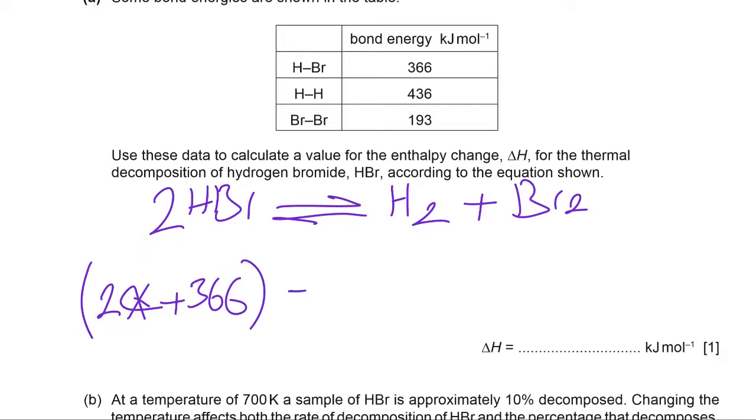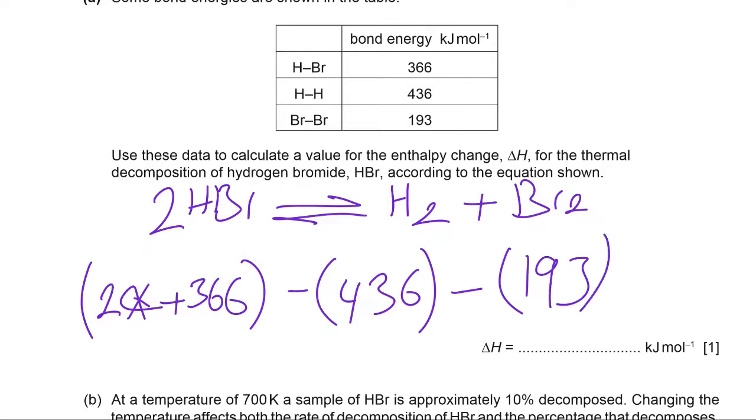So you have negative for hydrogen 436, and for bromine you have 193. In this calculation you will get the result, which is 103.